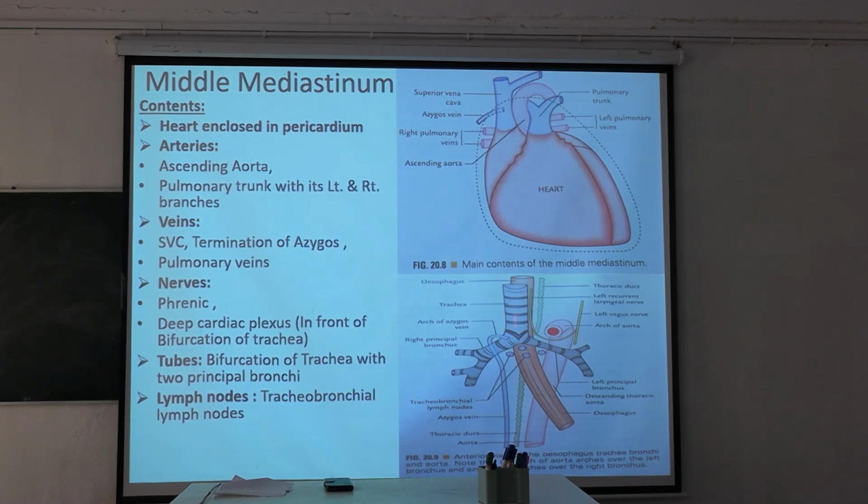And here you can see the arch of azygos vein arching over the right bronchus, arch of aorta arching over the left bronchus, and below the arch you can see the recurrent laryngeal nerve ascending in the tracheoesophageal groove. This is thoracic duct. And this is trachea and esophagus, this muscular tube is esophagus. These are included in posterior mediastinum, and these are the lymph nodes, tracheobronchial lymph nodes.